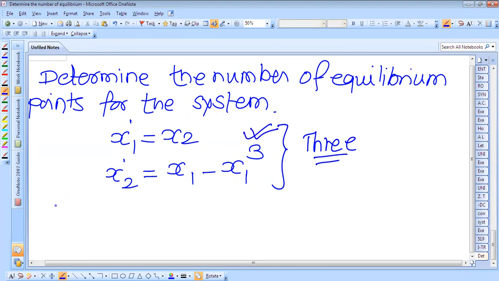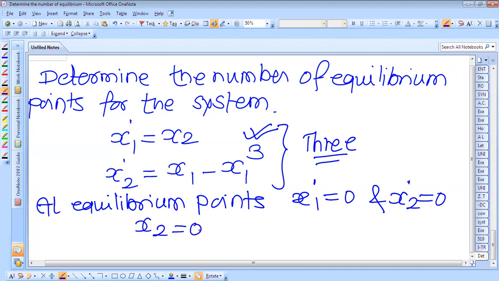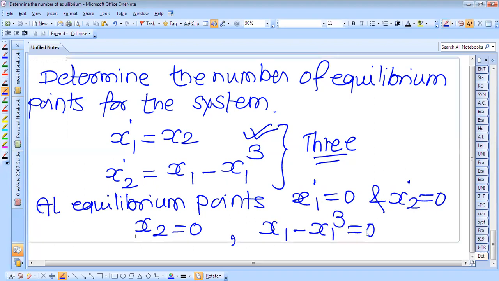At equilibrium points, x1 dash is equal to 0 and x2 dash is also equal to 0. So if you put x1 dash equal to 0, then x2 is equal to 0, and x1 minus x1 cube is also equal to 0 according to this definition.